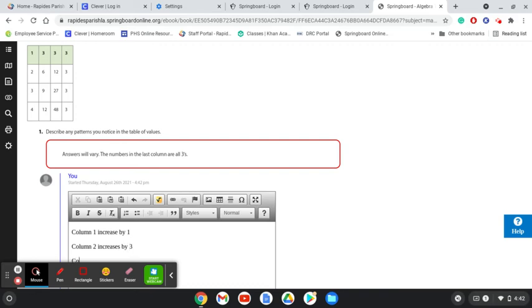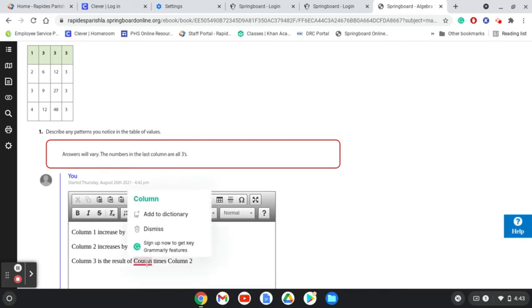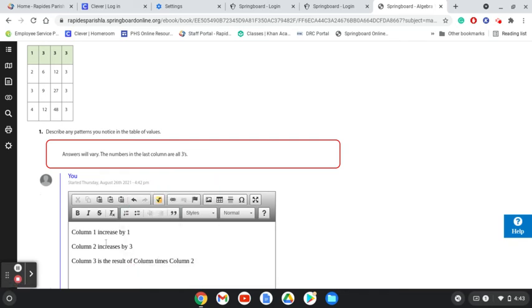We'll see column 3. That's actually the result of column 1 times column 2. If you take column 1 and you multiply it by column 2, it gives you column 3.